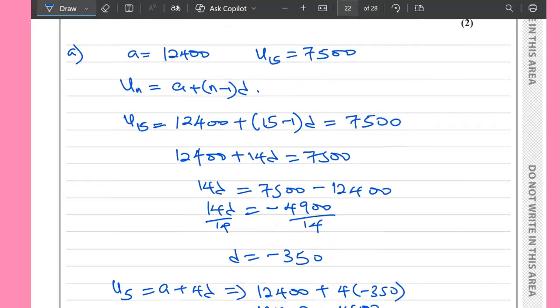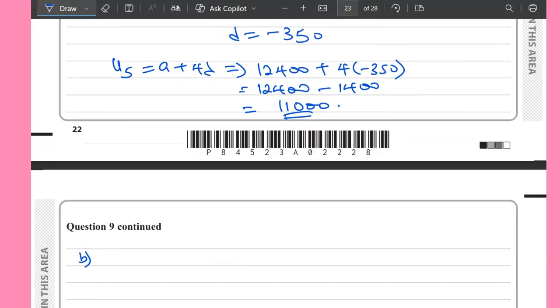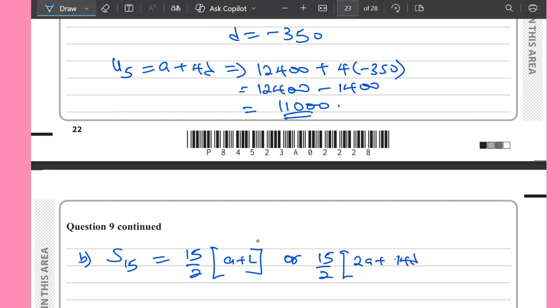Now we know that the sum of the first 15 terms will be equal to 15 over 2 into a plus l, or we can also use 15 over 2 into 2a plus 14d.